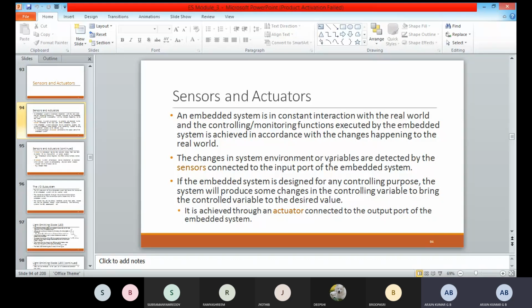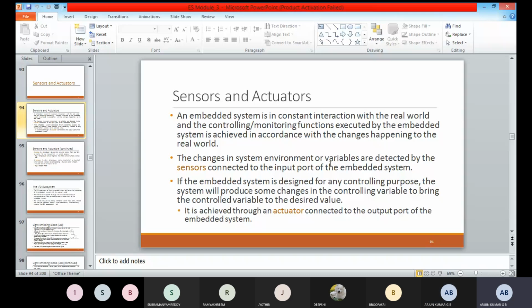Here, if you want to measure some environmental variable, it is detected only through the sensor. And these sensors will be connected to the input port of the embedded system. Then the embedded system is designed for any controlling purpose. The system will produce some changes in the controlling variables to bring the controlled variable to the desired value.